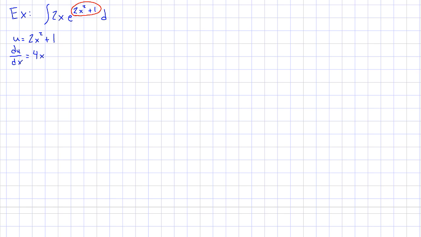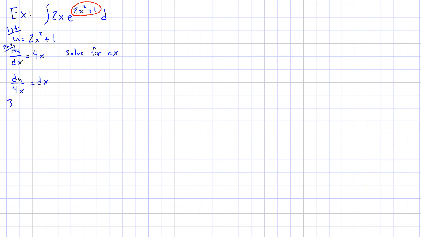Let's go ahead and solve out the problem. So I've already completed my first step here, which was to choose u. The second step is to solve for dx. So I'm going to have du over 4x equals dx.